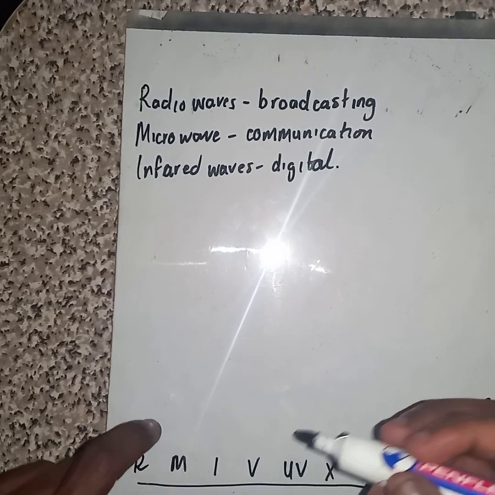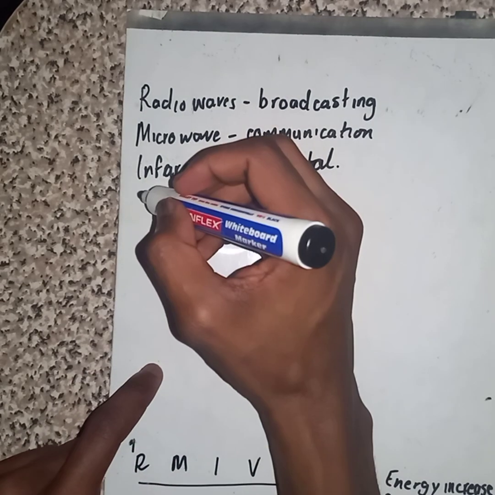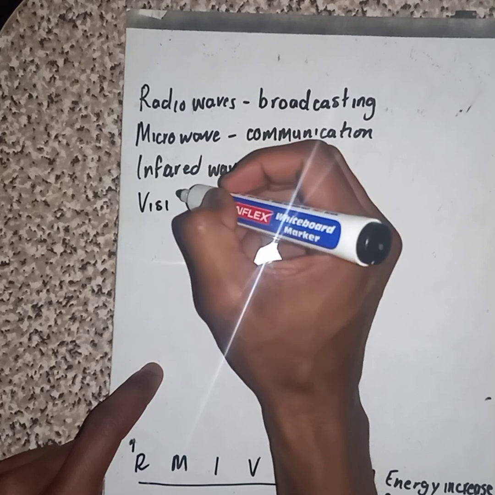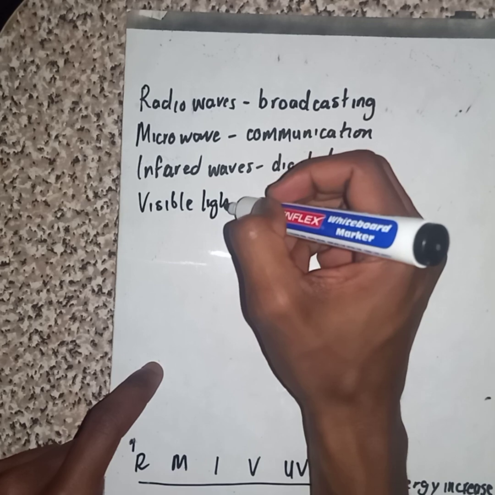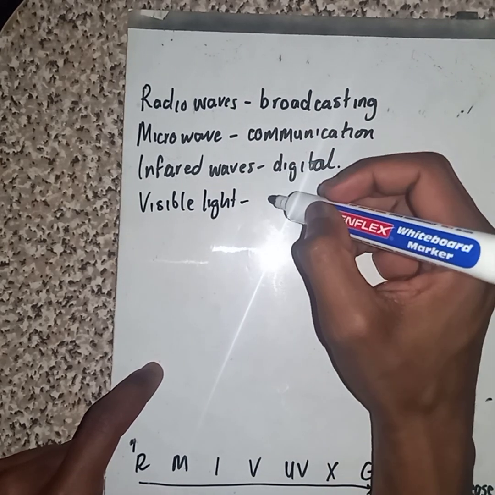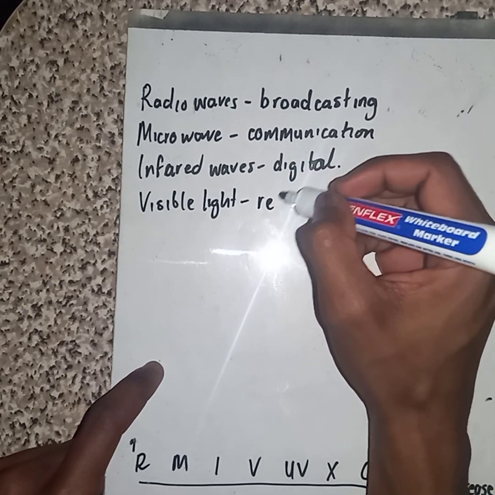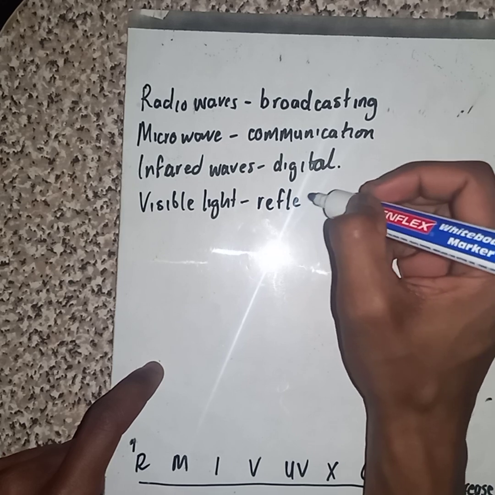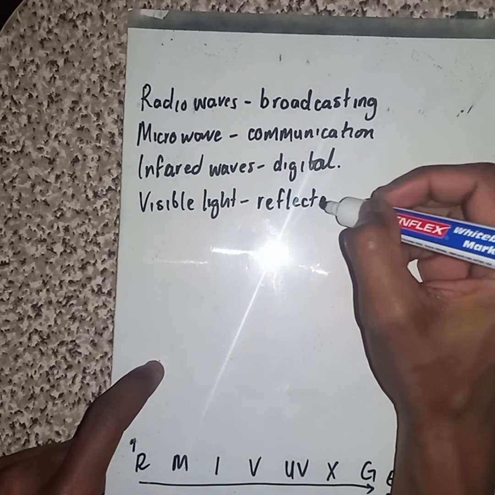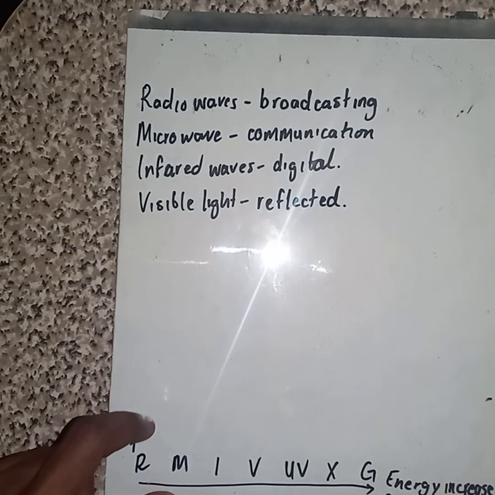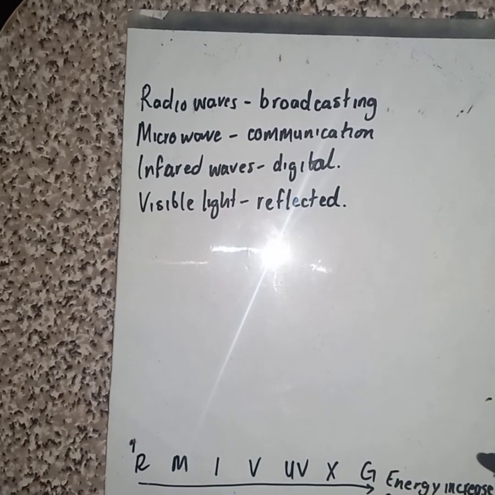We also have visible light. It is reflected to us, hence we can see images and everything.